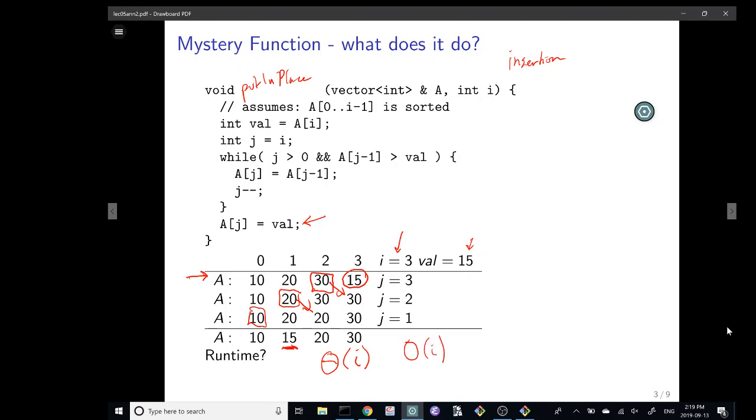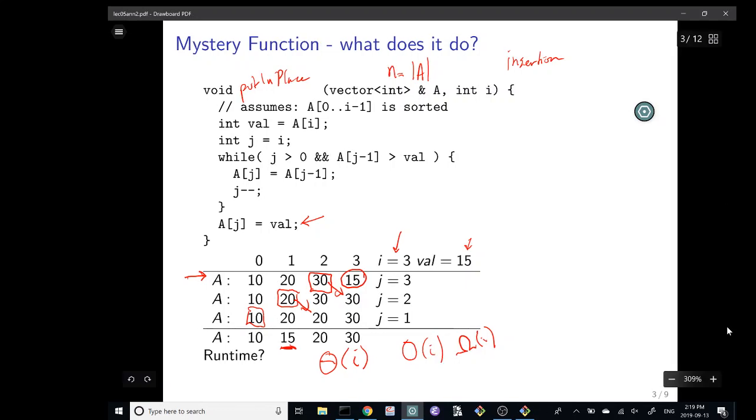Any other suggestions? Big Omega. You really like I. I'm surprised because, well, maybe I didn't tell you that the size of the array is n. Yes. It's order n. Oh, good.